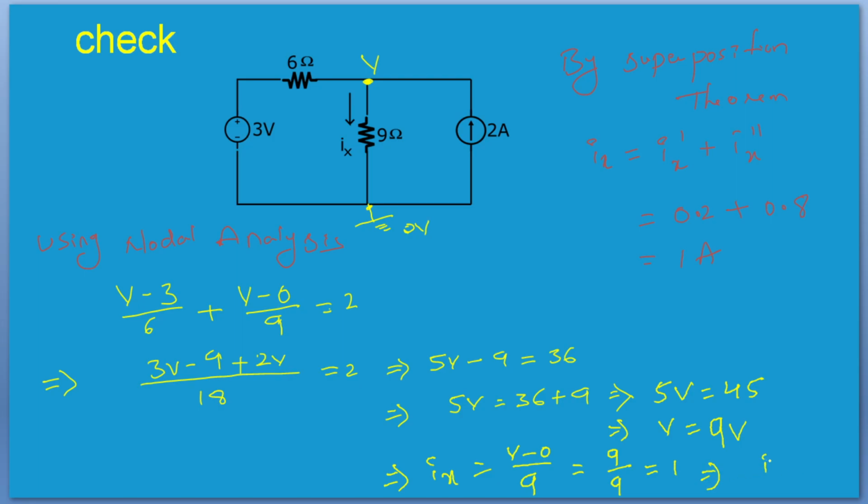So that implies Ix is equal to 1 amp. So now observe here. Here Ix is equal to 1 amp by superposition, and by nodal analysis you have got Ix is equal to 1 amp. Hence superposition theorem is verified. Thank you.